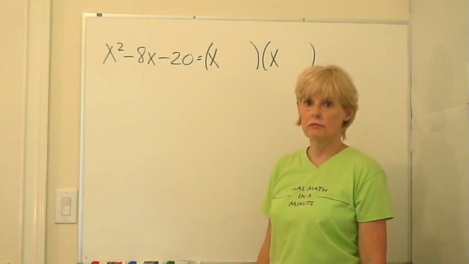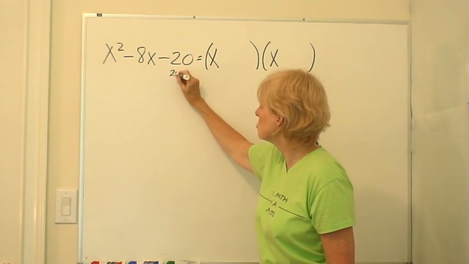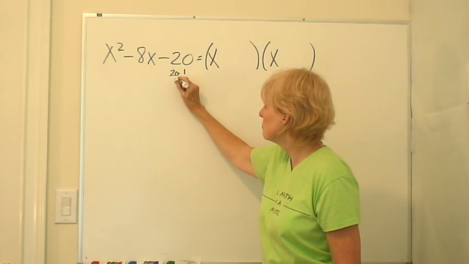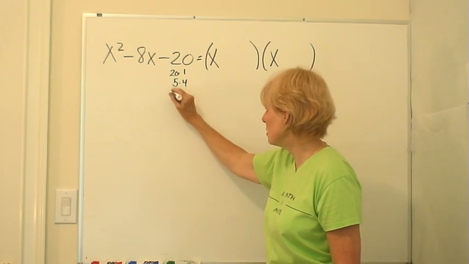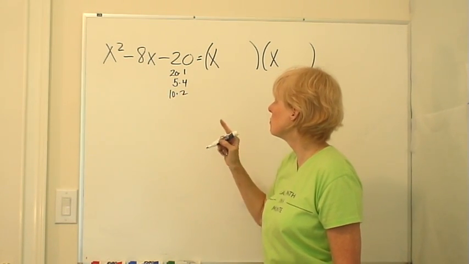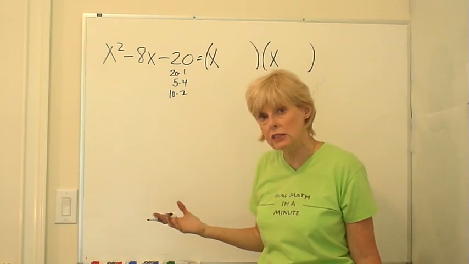That's all we know. Now we're like, how can we get 20? Well, here are our choices: 20 times 1, 5 times 4, and 10 times 2. And that's it. That's the only way we can factor 20.